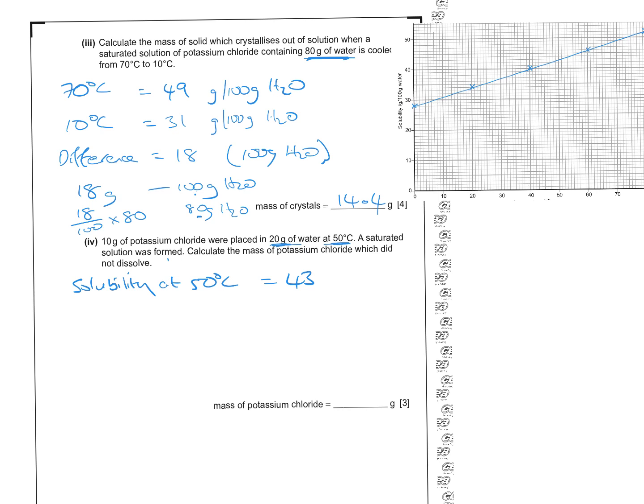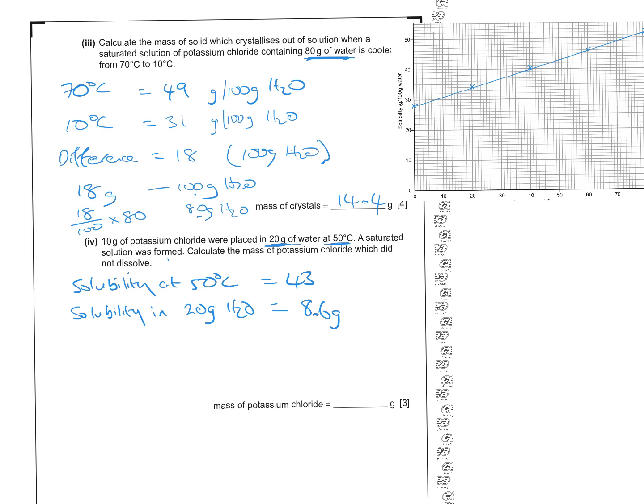So what I can do now is work out what the solubility would be, again, still at 50 degrees C, in 20 grams of water. Well, to go from 100 to 20, that's obviously dividing by 5. So what I can do is divide this 43 by 5. And that is 8.6.